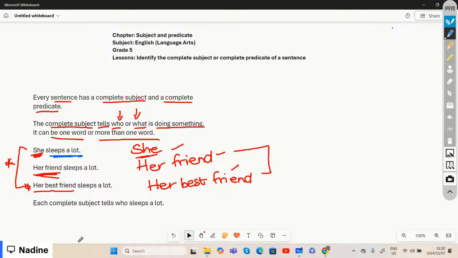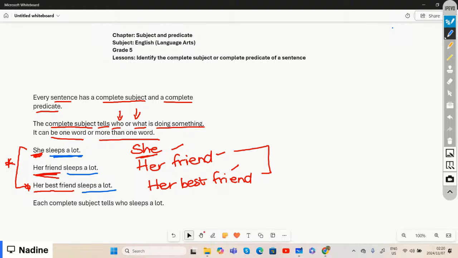So sleeps a lot is our predicate. Yes, so we're basically saying they are sleeping, or we can say sleeps a lot. Because you need to actually identify it from the sentence. But well done.